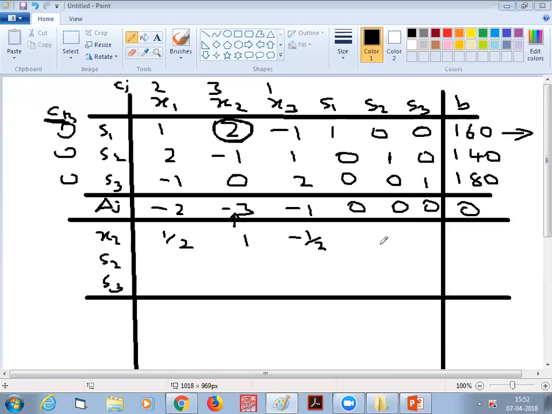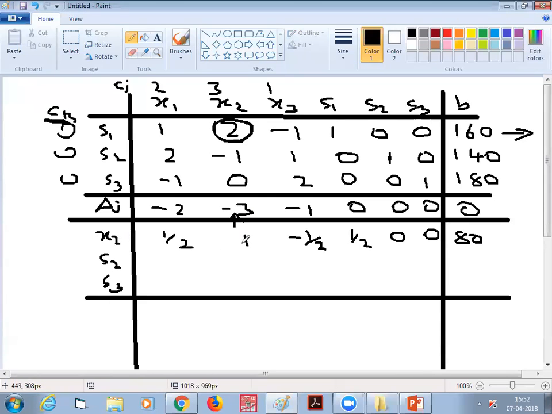All right, anyway, we'll just continue. So we're dividing still. So this becomes 1 by 2, 0, 0, and finally 160 by 2 is 80. Okay, now comes the next step. So remember, where do I put the identity matrix? I put the identity matrix in these columns.